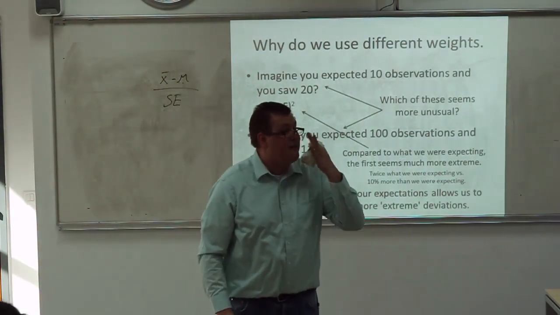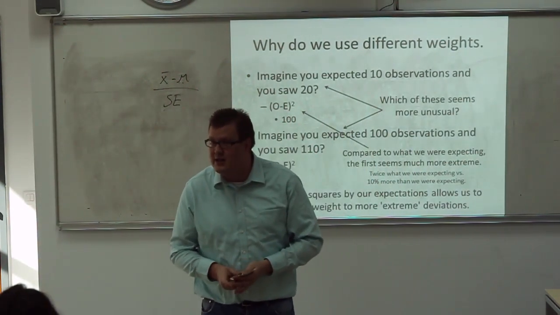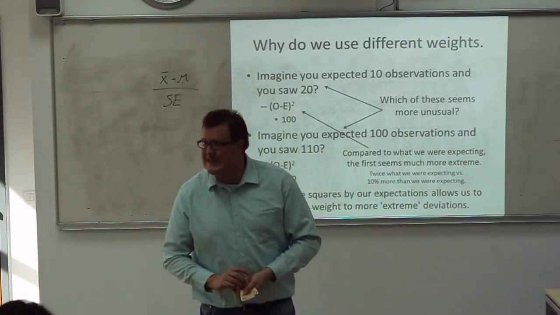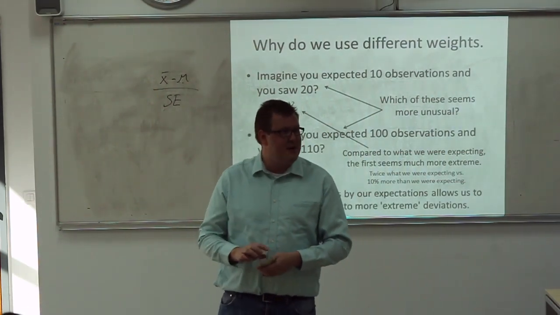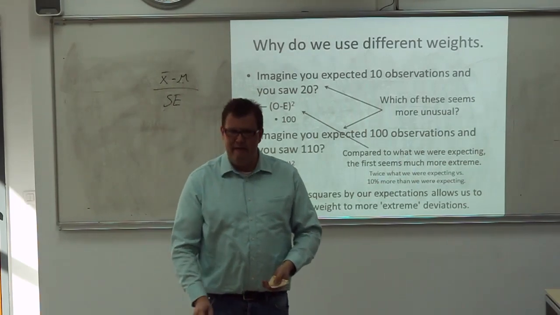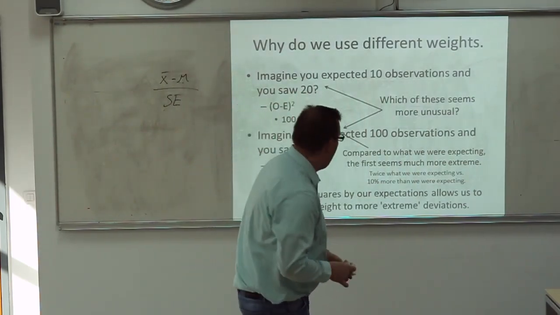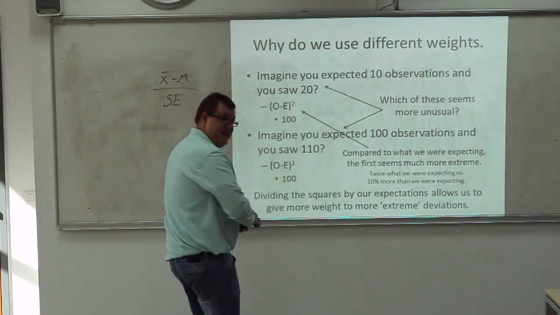Which is why when I offer a prize for getting the right answer, don't offer 50, because that's a lot compared to what I normally carry. But 5, maybe not so bad. Okay, does that make sense?